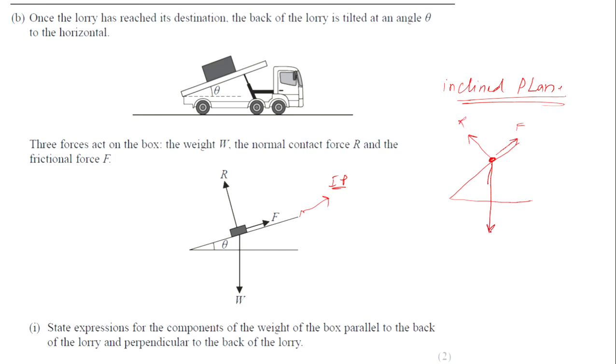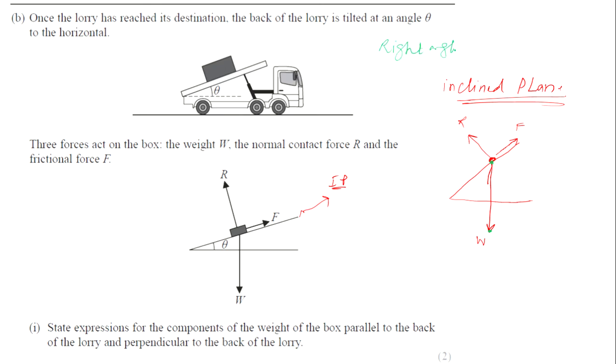So the idea is, this is the weight, you need to resolve W into its components. And if you are okay with resolving vectors, the easiest way is, for the vector which needs to be resolved, you look at the head and the tail and try to draw a right angle triangle.